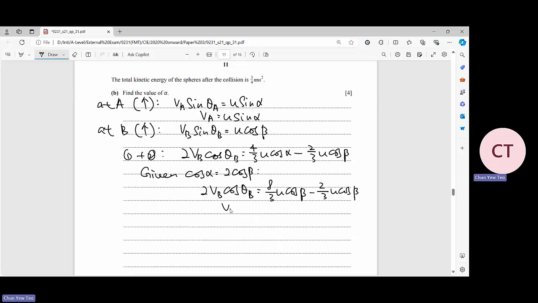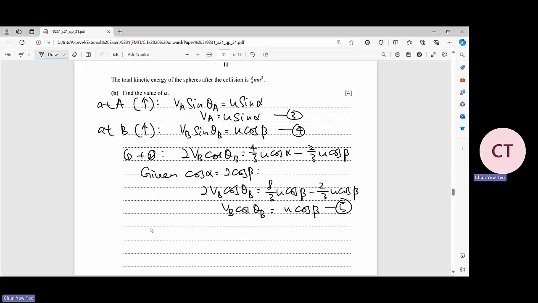Simplify it, you get VB cos theta B is equal to U cos beta. Okay, this is what we have. So I call this one 3, I call this one 4, and I call this one 5.